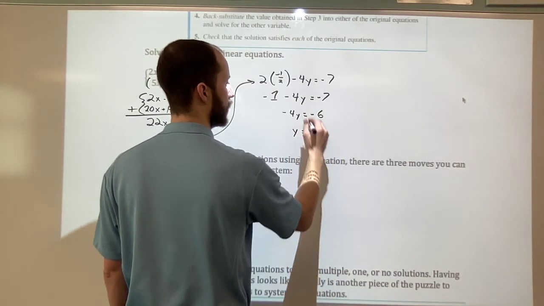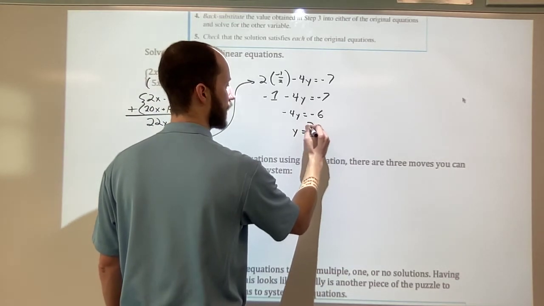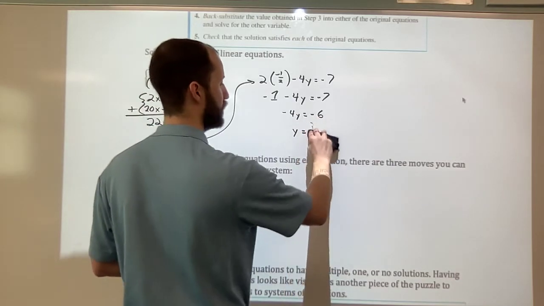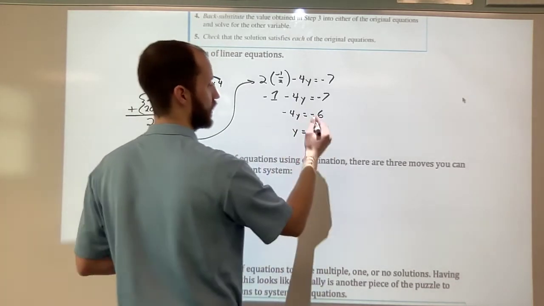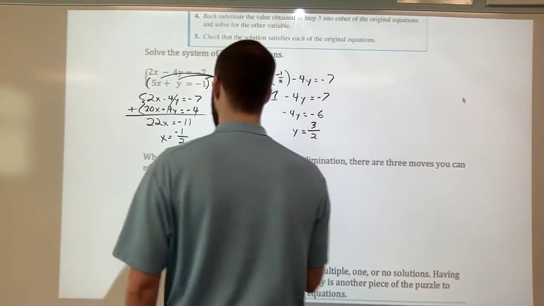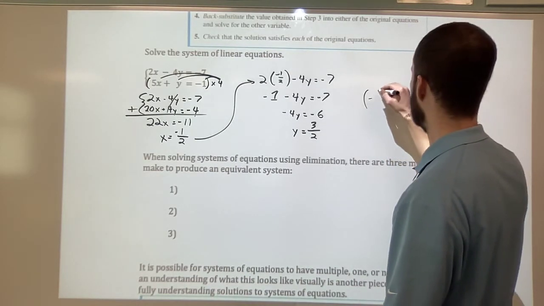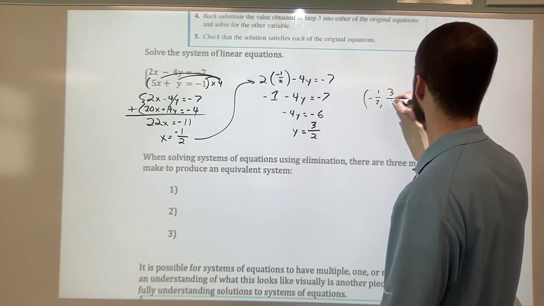And y equals negative 6 over negative 4. That's a terrible 3, trying to hide my negative. Didn't mean to write that. Negative 6 over negative 4. 3/2. So you can put this together into an ordered pair. Negative 1/2 and 3/2.